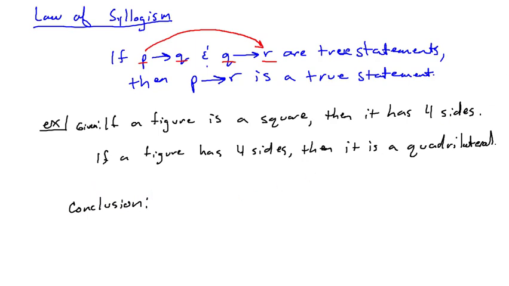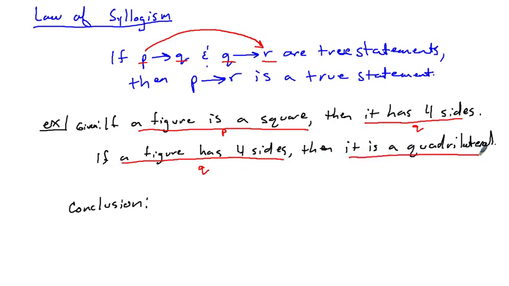Using our deductive reasoning. Well, when we read through here, it says if a figure is a square. So figure is a square. That's our P. It has 4 sides. That's our Q. Then we read down here and it says if a figure has 4 sides. Well, that's our Q again. That's the same exact event, right? Then it is a quadrilateral, which is this whole new thing. So that's an R. So remember our pattern says if P implies Q and Q implies R, then P implies R is true.